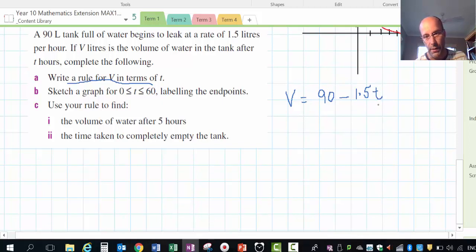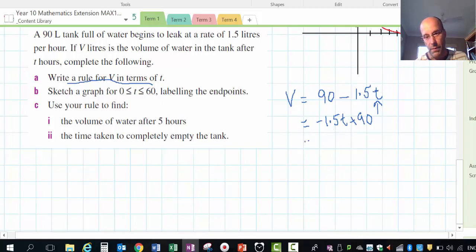It makes sense because after 1 hour we would sub in T equals 1 there. After 1 hour you'd lose 1.5 litres. Okay, so that's your linear function, and it is a linear function. It's y equals mx plus c, because you could rewrite that if you wanted to. And remember, it doesn't have to be y and x. We've got V and T as the two variables.